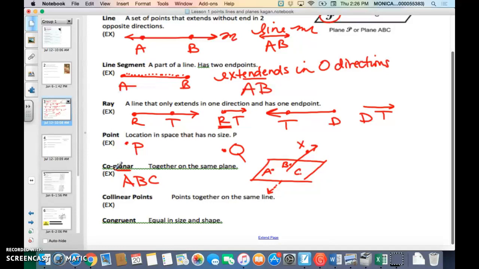And collinear has the same kind of definition as coplanar. You can see the word line in collinear, and that basically just means that the points are together on a line.